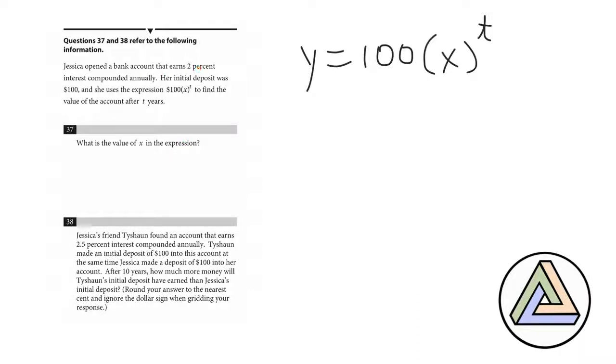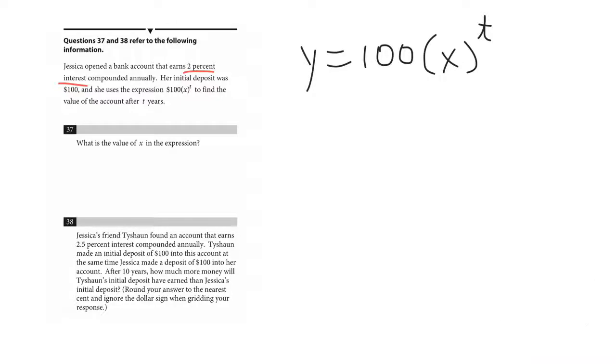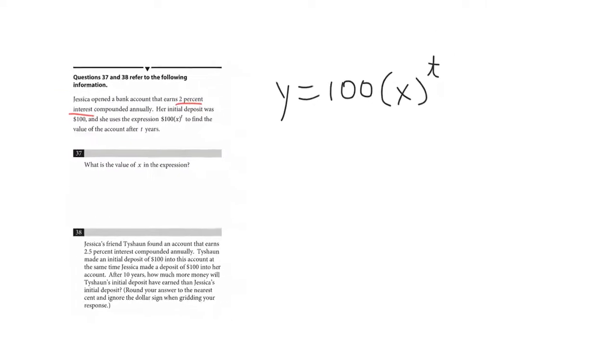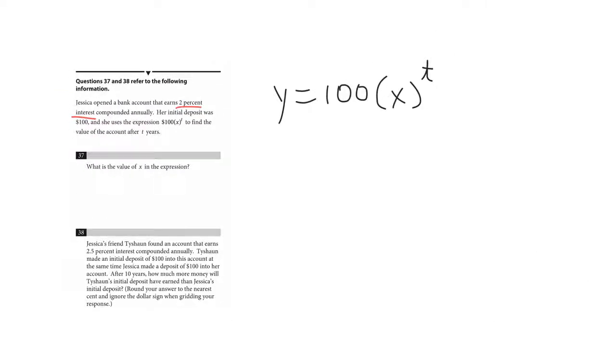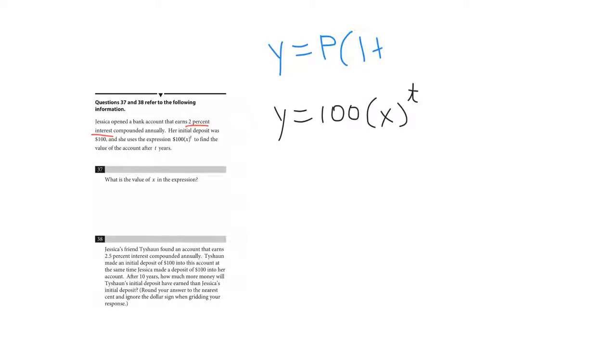Okay, so it's 2% interest. I think it's probably worth simply memorizing the equation for interest: y equals p, the principal, times 1 plus r over 100, raised to the t power.